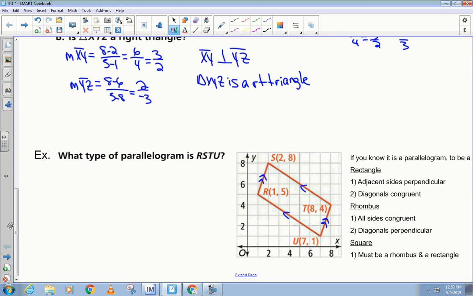Also, if you know that it's a parallelogram, what else is true about a rectangle? Well, if it's a parallelogram, opposite sides are congruent. The diagonals are congruent, right? So if you know ahead of time that it's a parallelogram, you can check the length of the diagonals. But if you didn't know that it was a parallelogram, you wouldn't want to use that test because what other shape has congruent diagonals?